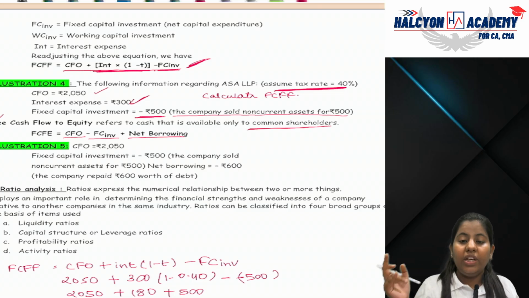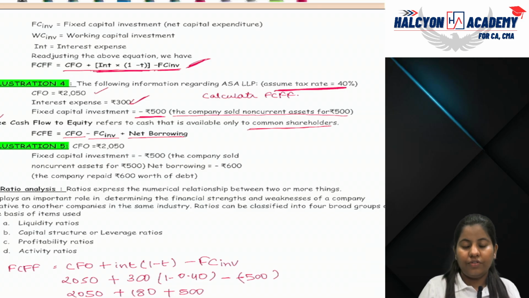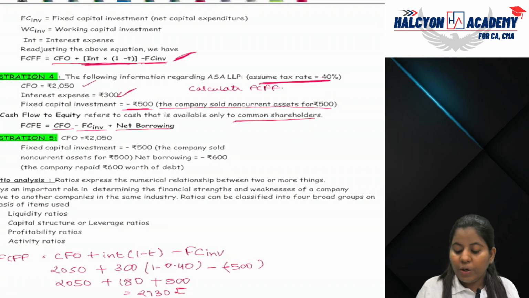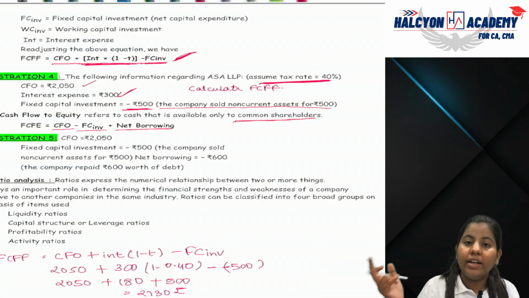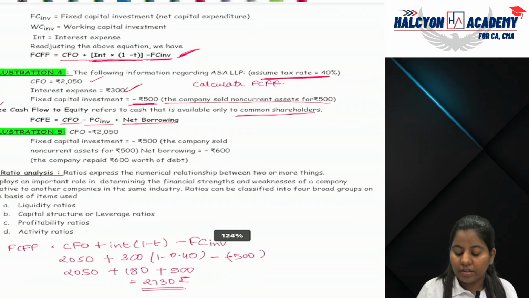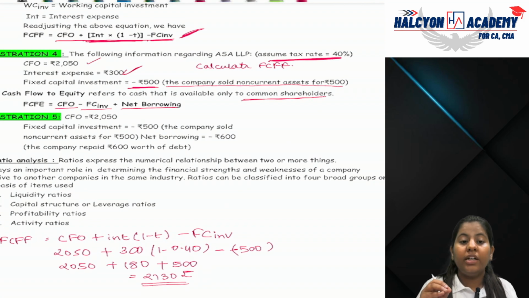That's why we are adding the debt here. We are adding it because we don't have to pay back the principal immediately. We have that amount in our hand right now, so we are adding it because it is available for the shareholders only.